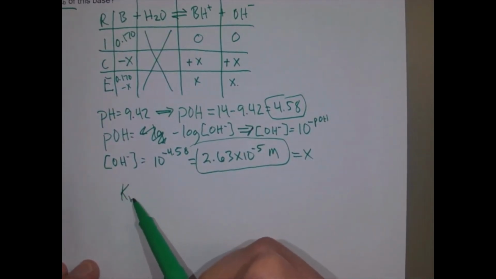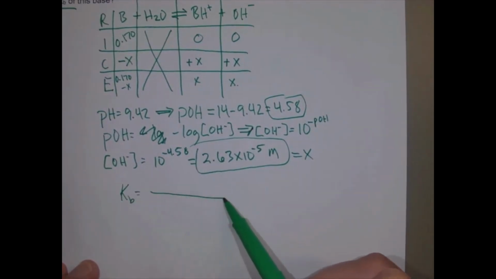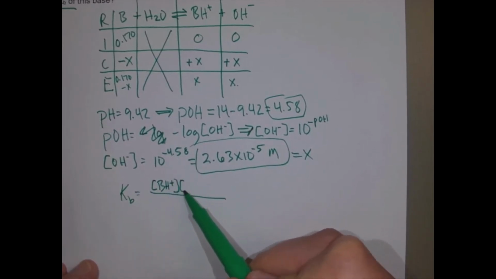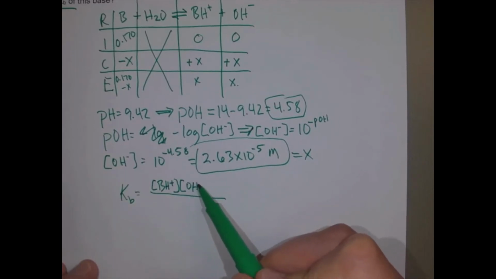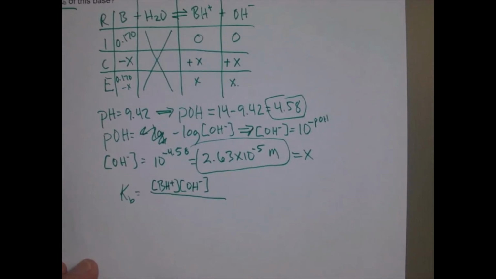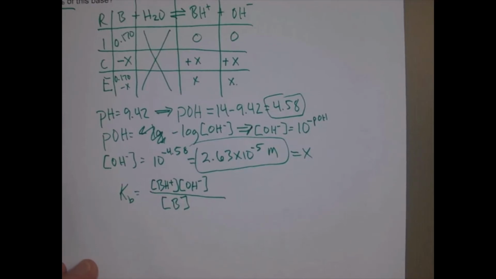Because the Kb, if I were to write an expression for Kb, it's just like any other equilibrium constant. It's the concentration of each product times each other, raised to the power of their balancing coefficients, which is 1 in each case here. And you divide that by the concentration of the reactant. And we don't put the water in the expression because it's a pure liquid.